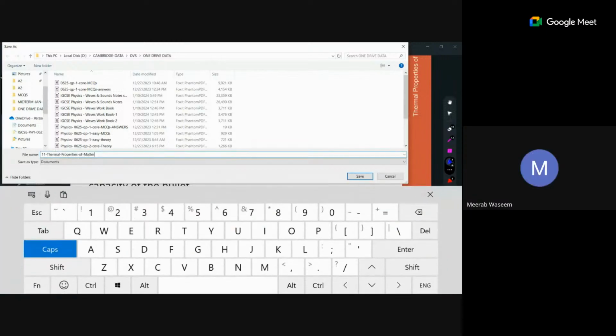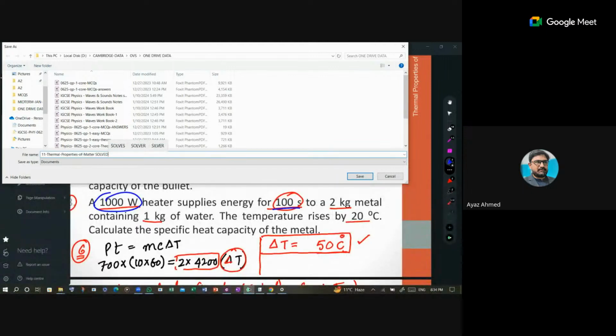Okay? Yes sir. So we just did this specific heat capacity topic today. Inshallah, in the next class we will discuss latent heat, and then this chapter would be finished. Sir, one minute, show those 3 MC delta T formulas that you wrote. Okay, just let me save it, son.